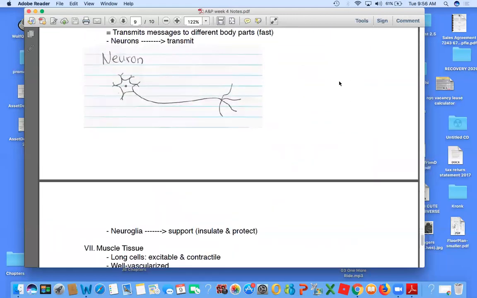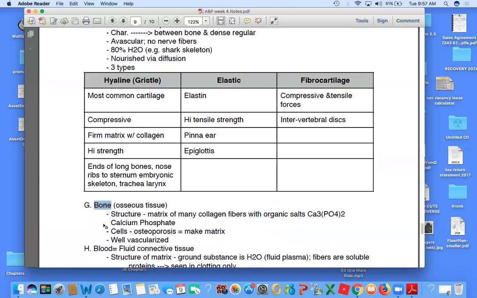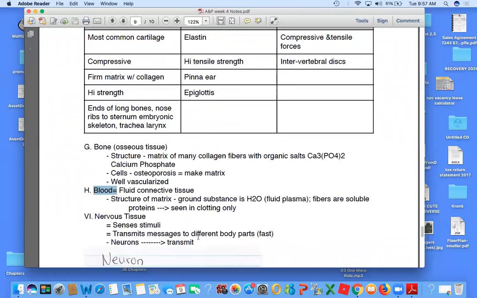And then I want to end with bone and blood. Bone and blood can't be any more different. And that's why I started the lecture as I will end the lecture. Connective tissue is very varied. So many different types, from reticular to cartilage to now blood and bone.